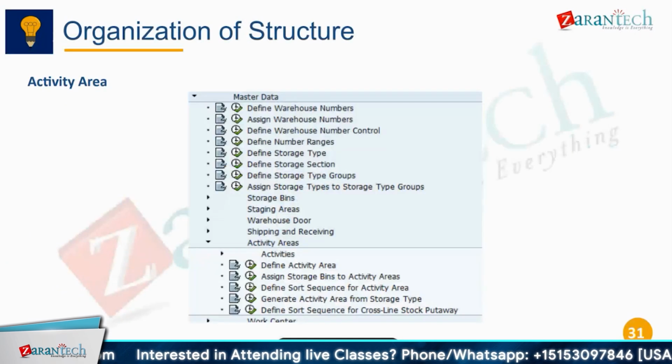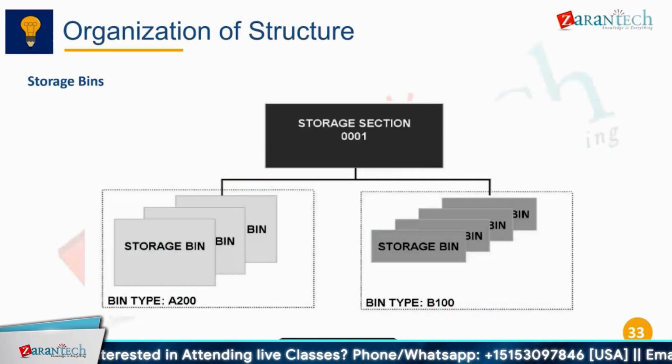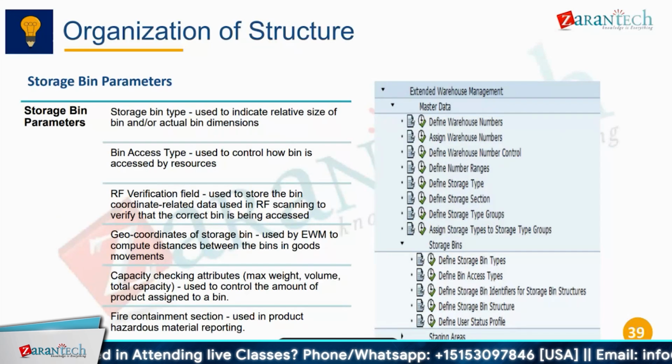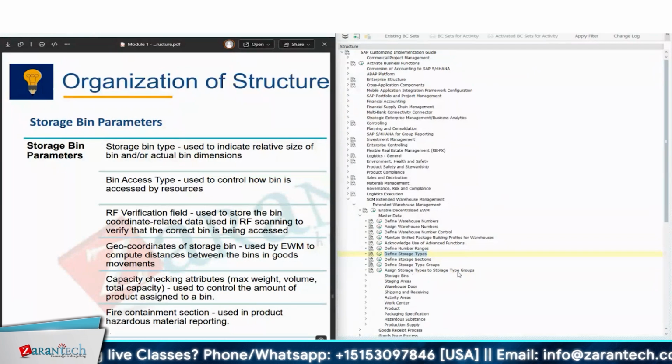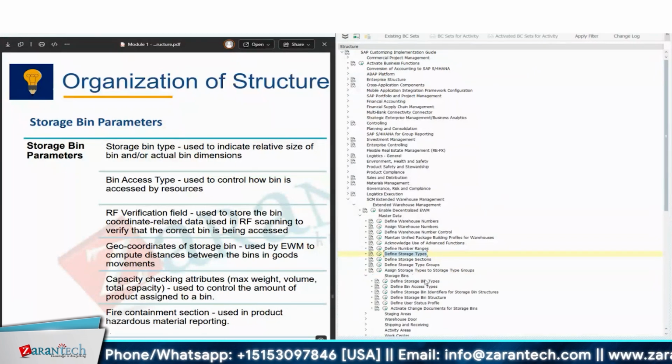Then again, in the storage bin, there are many other components. So if I go to the system here, in the storage bin, if I expand this node, you will have storage bin types, storage bin access type.